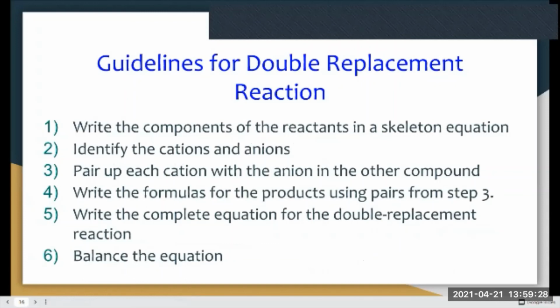You can either highlight or underline, but I'm going to recommend that you color code them and keep using your 4 different colors so that you can follow them when you're switching them. Then you're going to pair up your cations and anions with the other compound. So you're going to take your A and mix it with Y, and your B and mix it with X. And then you're going to write the formulas for the products using your pairs from step 3. And then you're just going to write the complete equation and then balance it once you've learned how to balance reactions.